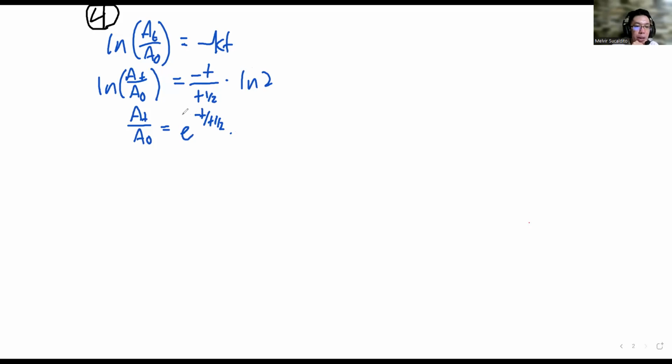The whole thing, Josh, negative T over T1/2 times ln2, all of that is the exponent of E. Put open and close parentheses on the exponent of E, so that we can clearly see it. Okay, that's fine.